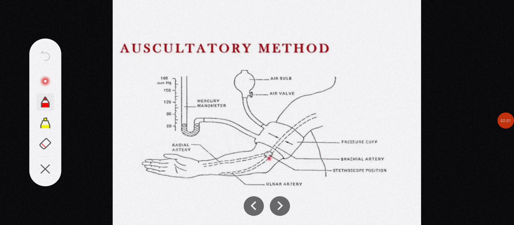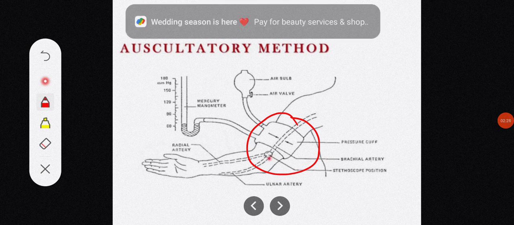In this sphygmomanometer method, we need a stethoscope, as you can see here, for measuring the blood pressure. The sphygmomanometer has an inflatable pressure cuff, that is, if you blow air into it, it will get inflated.